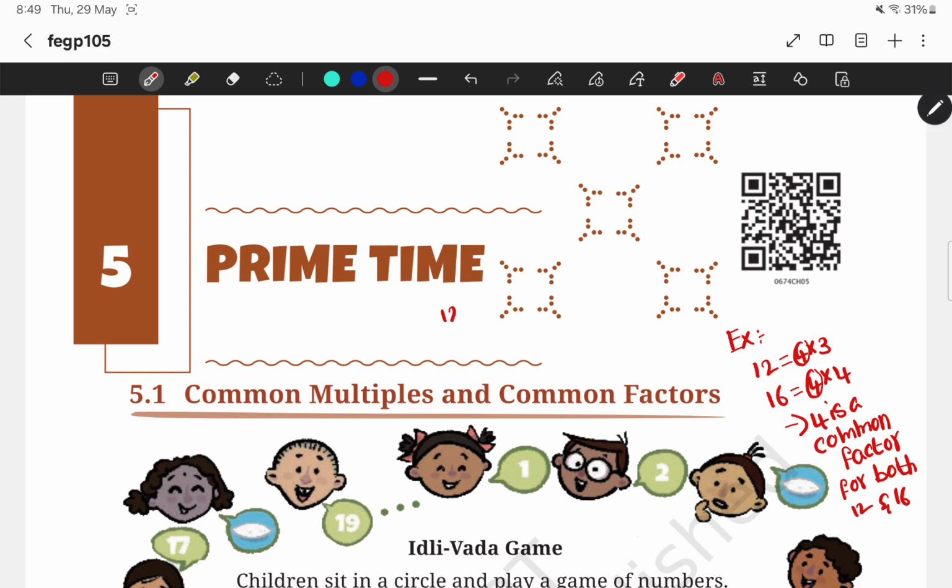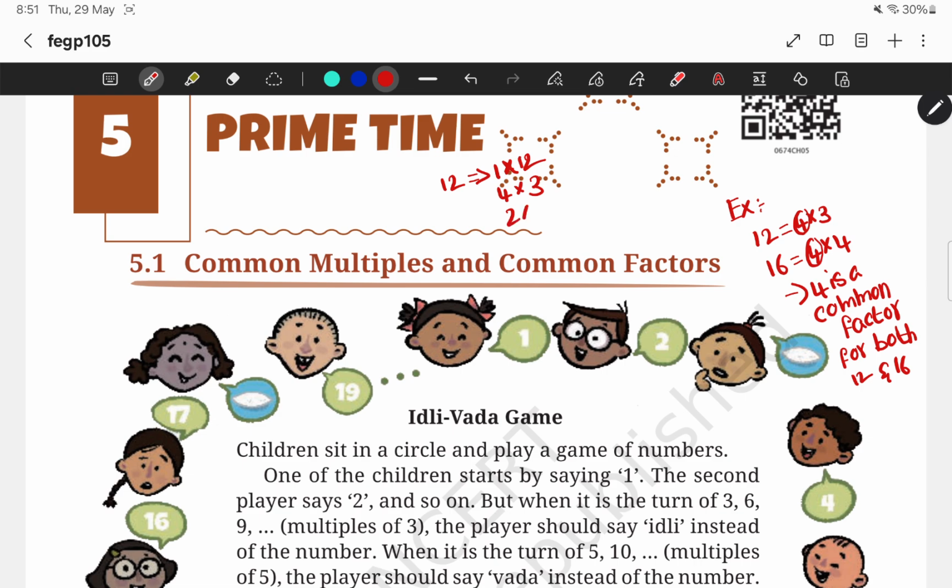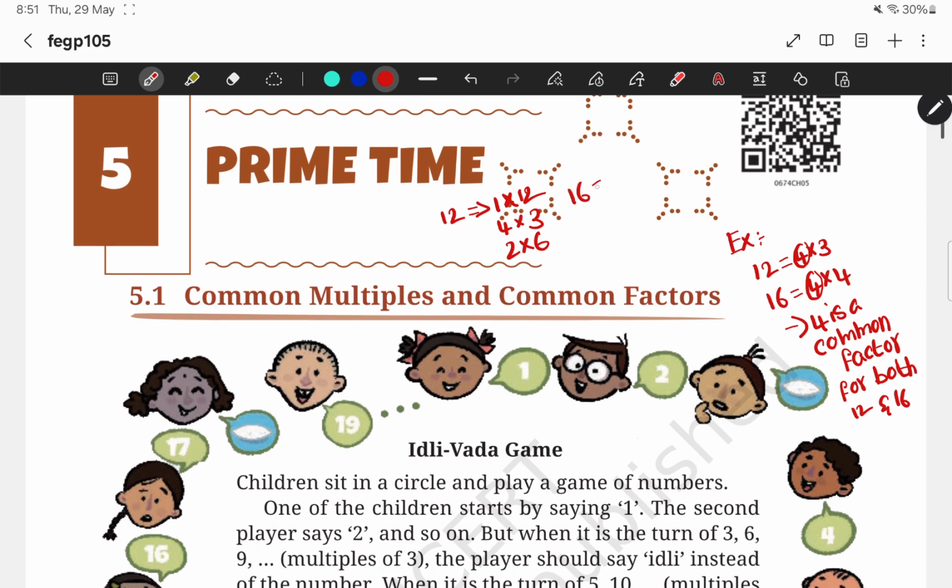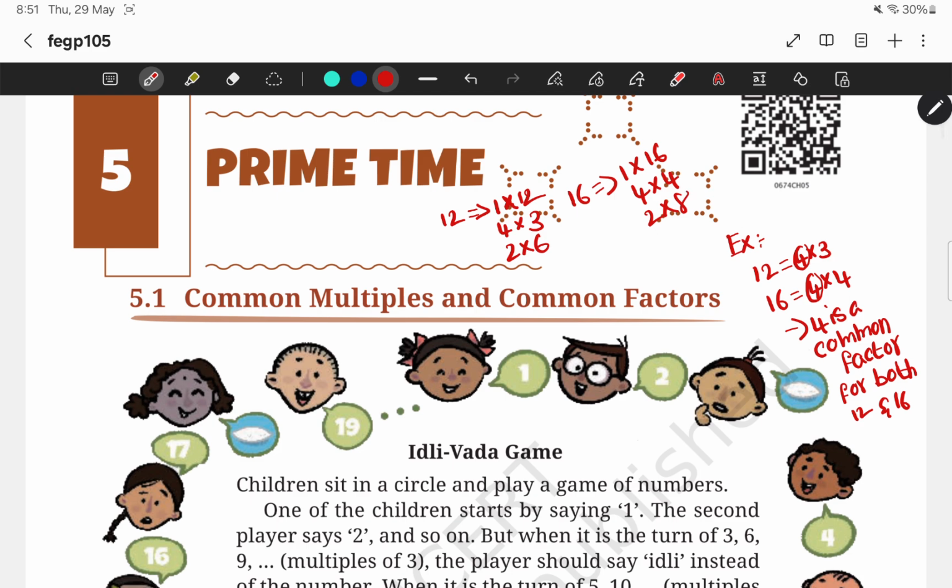For 12, 1 12s are 12, 4 3s are 12, and 2 times 6, and for 16, 1 times 16, 4 4s are 16, 2 8s are 16.